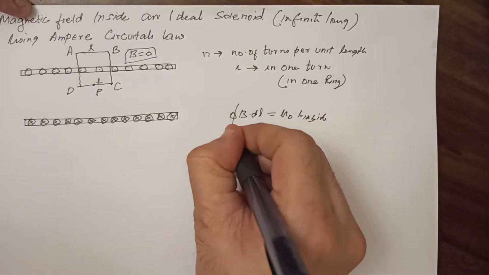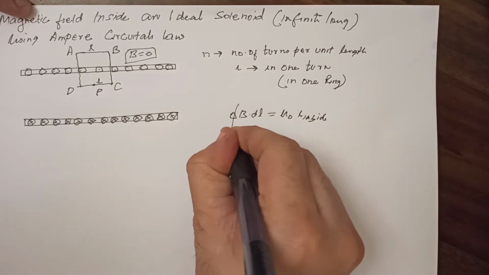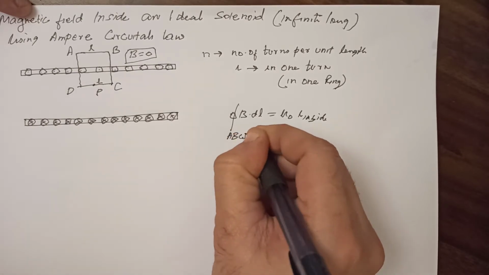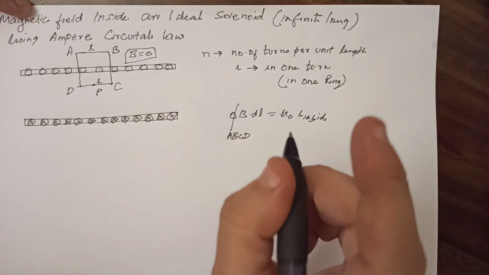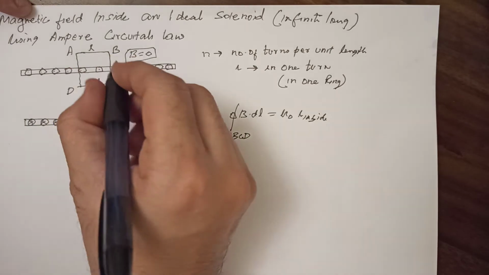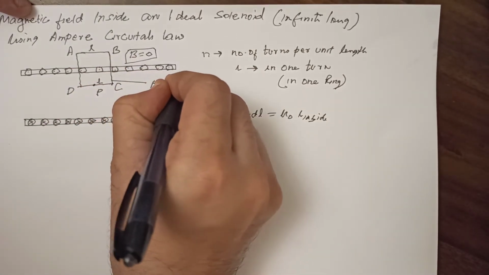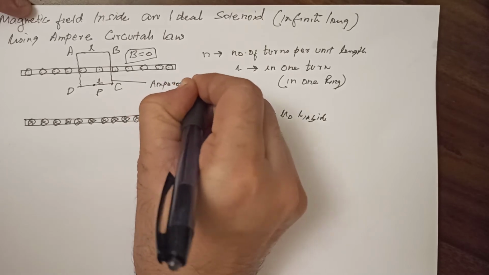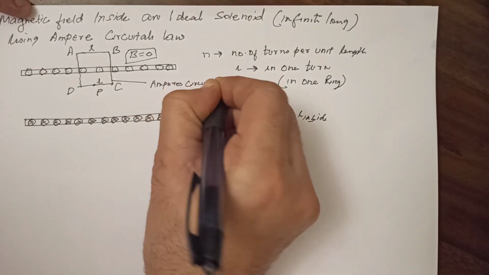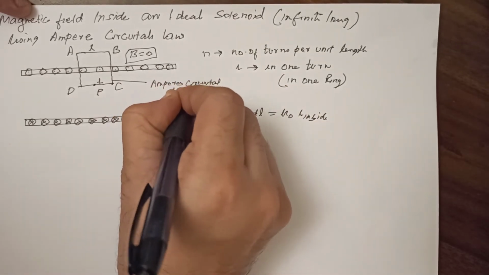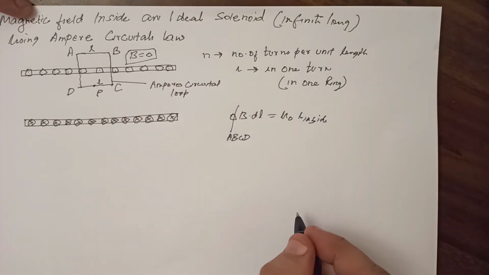And this is across the Ampere's Circuital loop, which is ABCD. So this is nothing but Ampere's Circuital loop. Okay, very good.